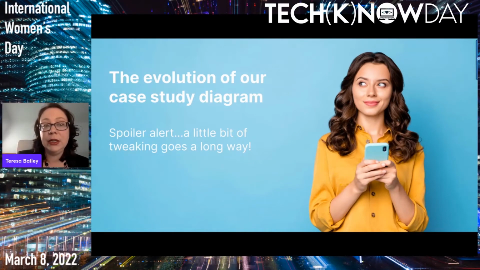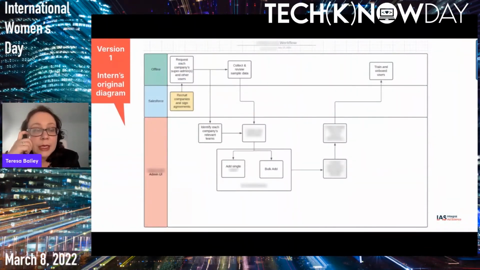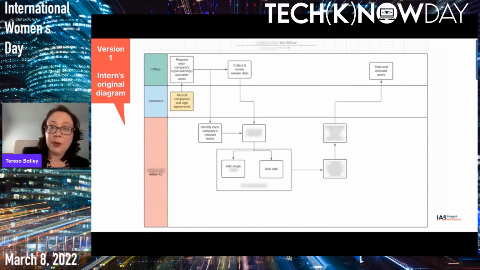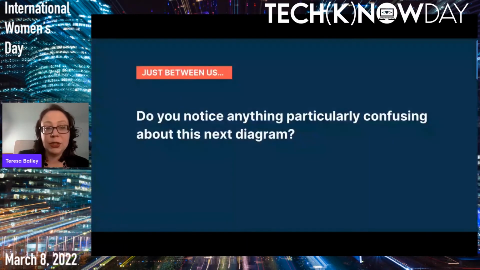And here again, you're going to see little bits of changes go a long way. So here's version 1 again of the intern's original diagram. We met and I gave him ideas for some content that was actually missing. So we talked about the content that was missing and some other improvements he could make. He went back and then made a version 2.